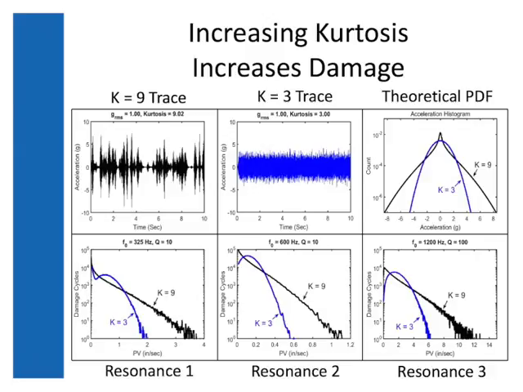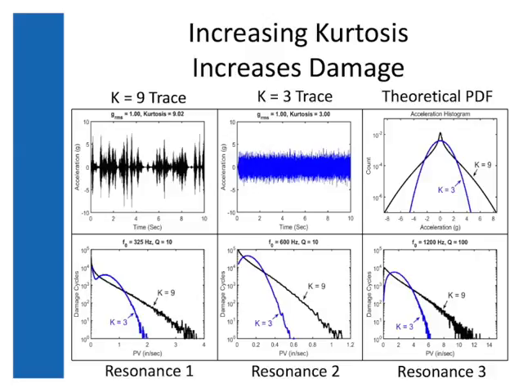And you can see that the kurtosis 9 trace has damage cycles that are nearly twice the value of the kurtosis 3 trace. And so if someone tells you, yeah, the kurtosis 3 or the Gaussian trace really doesn't damage my product at all, but when I turn the kurtosis up without changing the PSD, I suddenly am able to damage the product. Yes, we should believe that because the kurtosis 9 trace has damage cycles that are just not available in the Gaussian case.